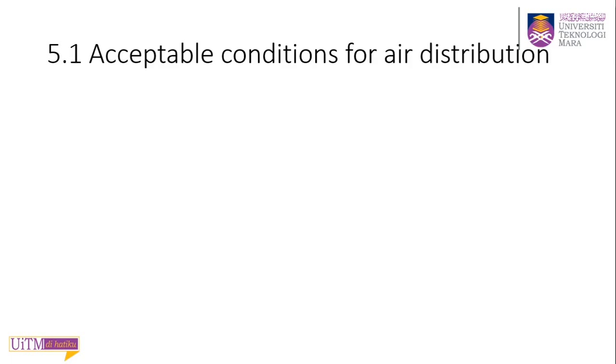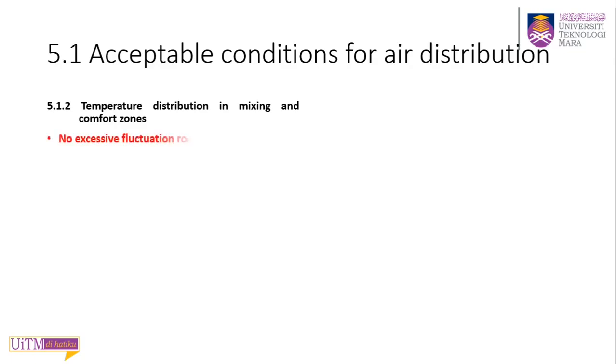The second acceptable condition for air distribution is the temperature distribution in the mixing and comfort zones. There should not be excessive fluctuation in room temperature, and there should be enough space between mixing and occupied zones.